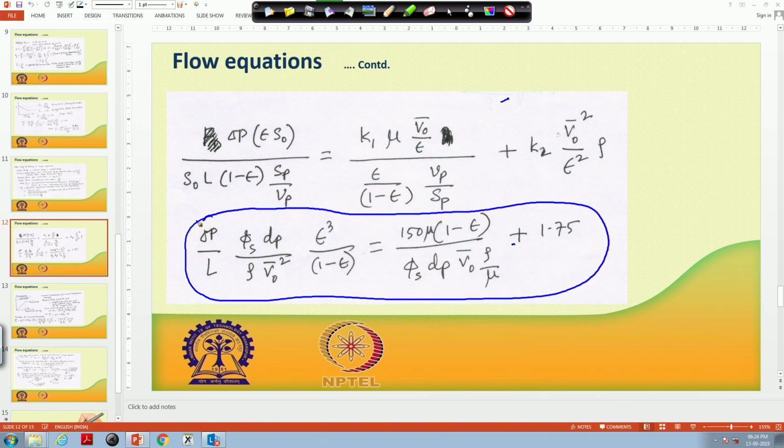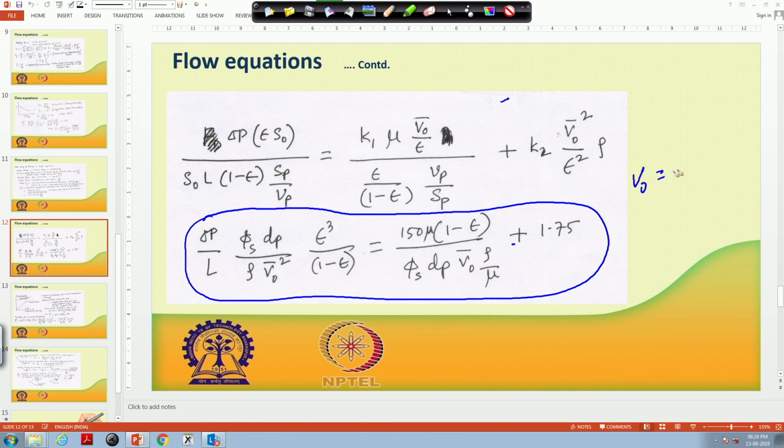So we have gone into this mode of the Kozeny-Kármán equation, or finally the Ergun equation format. In this format, this is the superficial velocity. We have a V0 squared term and a V0 term, and delta P by L is the pressure gradient.